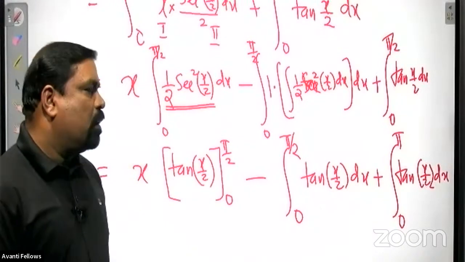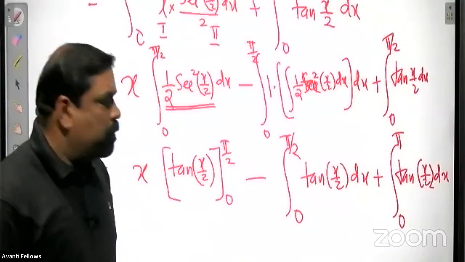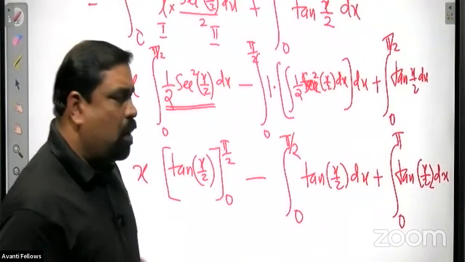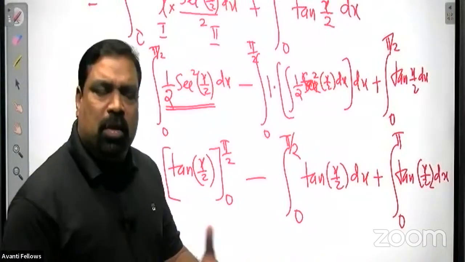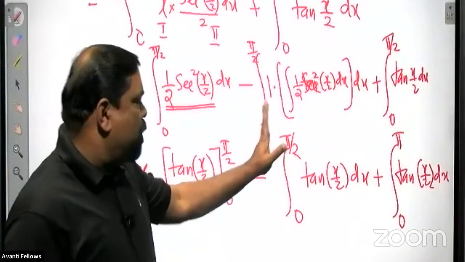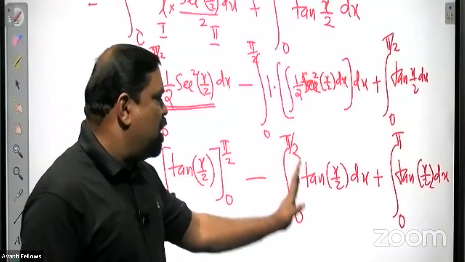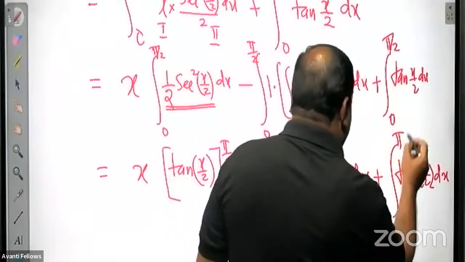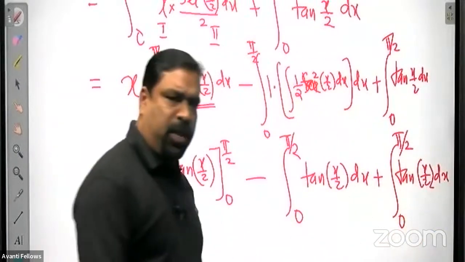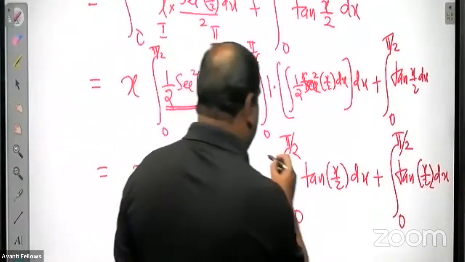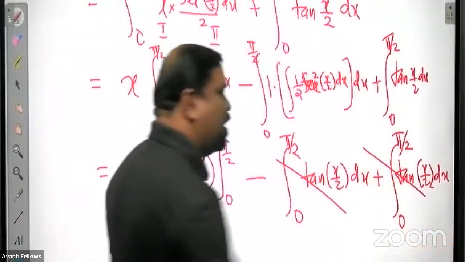Now what can you observe? Again, do we need to integrate or not? No need. Because this is minus integral tan x by 2 dx, and again plus integral tan x by 2 dx, with the same limit 0 to pi by 2. That means both terms will cancel each other.